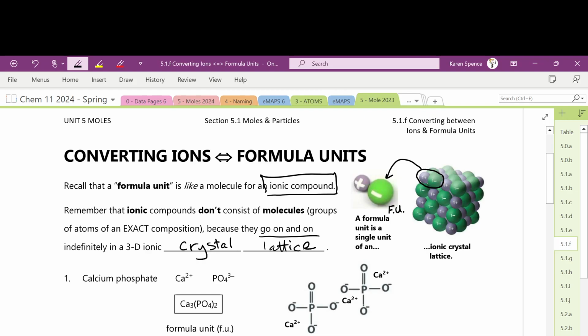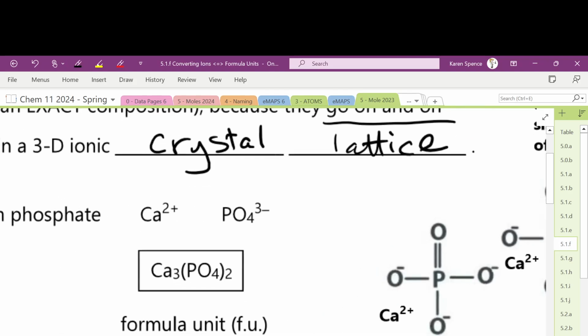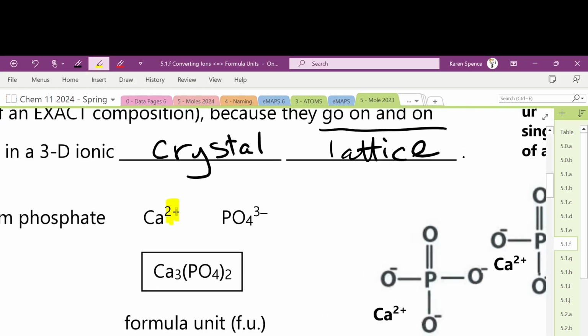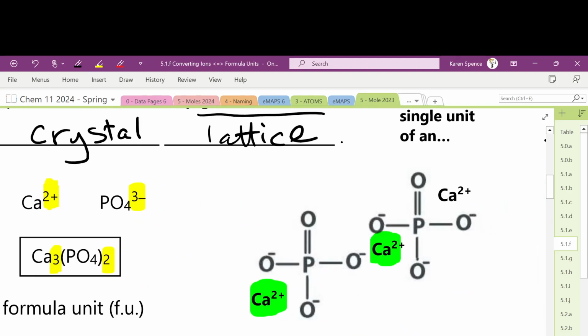Now, it's really hard to draw a crystal lattice when the ratio is not 1-to-1 between the ions. So I'm not even going to try. What I'm going to do is take a look at calcium phosphate. Calcium is 2+, phosphate is 3-, so we need to have 3 calciums and 2 phosphates. So we have 3 calciums, 1, 2, 3, and 2 phosphates, 1, 2.